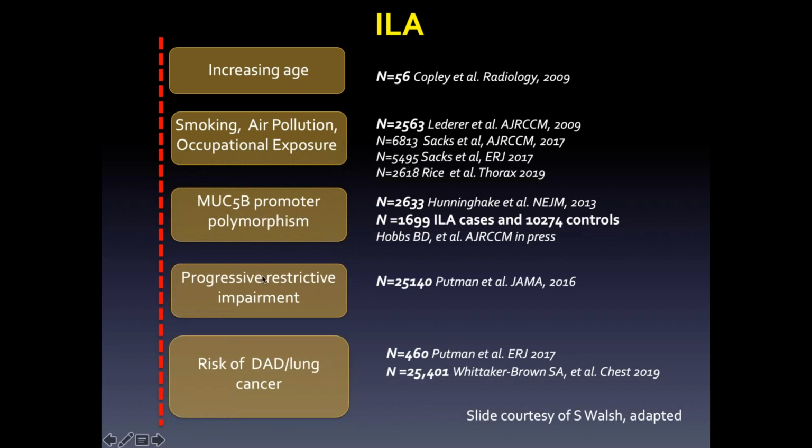and in a subset of subjects, mainly with fibrosis in high-resolution CT scan and with MUC5B promoter polymorphism, we have a progressive restrictive impairment, and we have risk to develop diffuse alveolar damage and lung cancer. But all these aspects are typically observed also in patients with IPF.